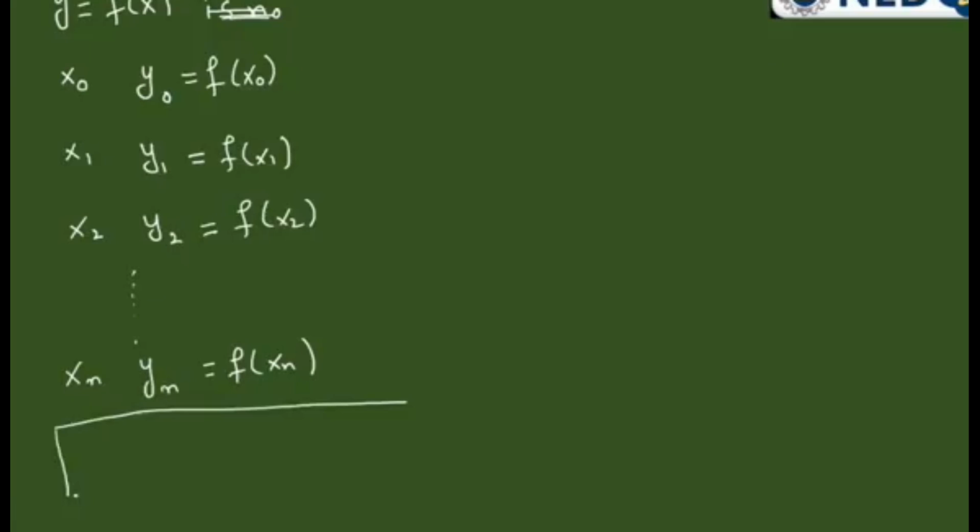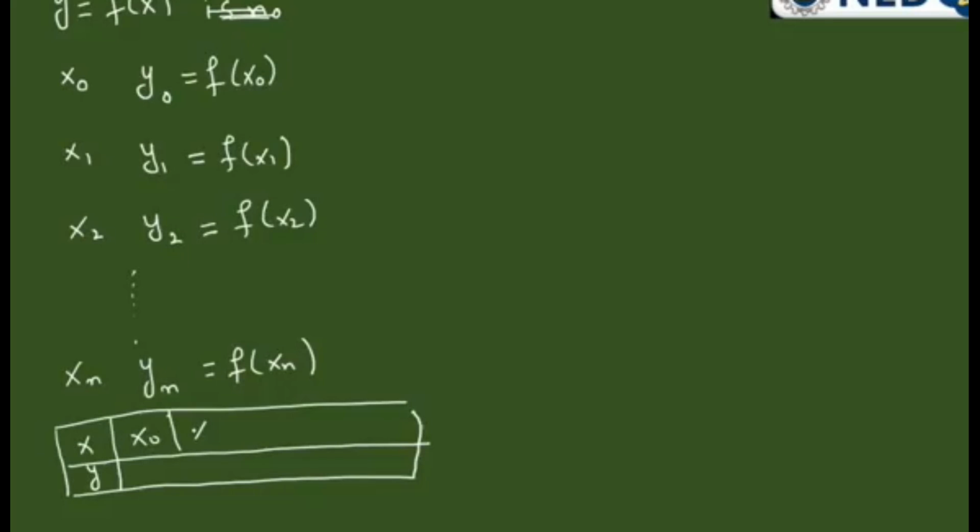For example, like this, I can write them down. These are x values, these are y values. So x0, x1, x2 till a certain last value called xn. And similarly, I get corresponding y0, y1, y2 till yn.